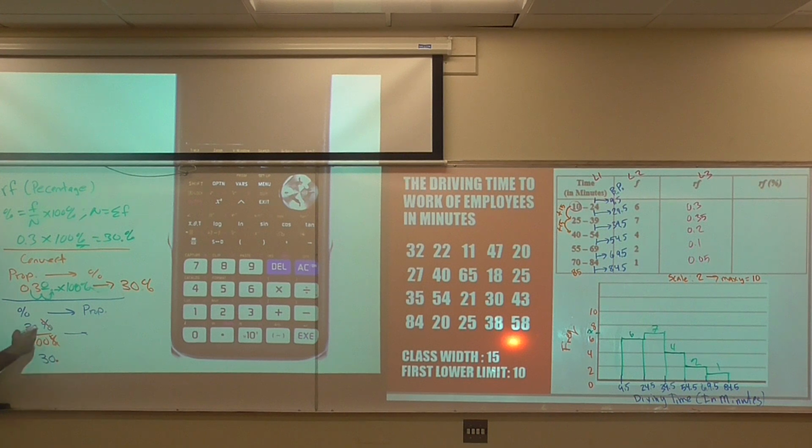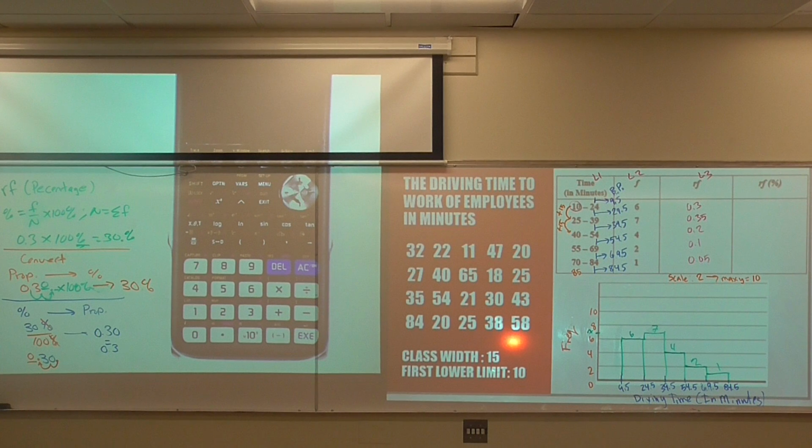Since the original decimal is right after the zero, the last integer, from here we just move two places to the left. So 1, 2, my point is now here, and any open space becomes 0. So what we're looking at here is 0.30, which is the same thing as saying 0.3.